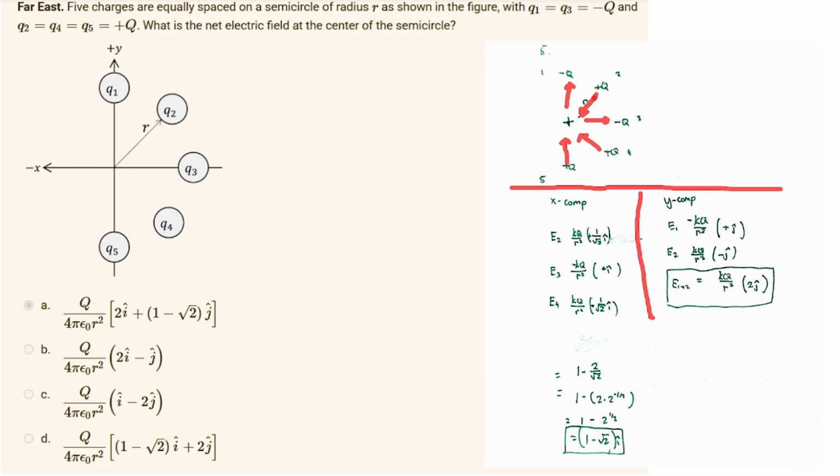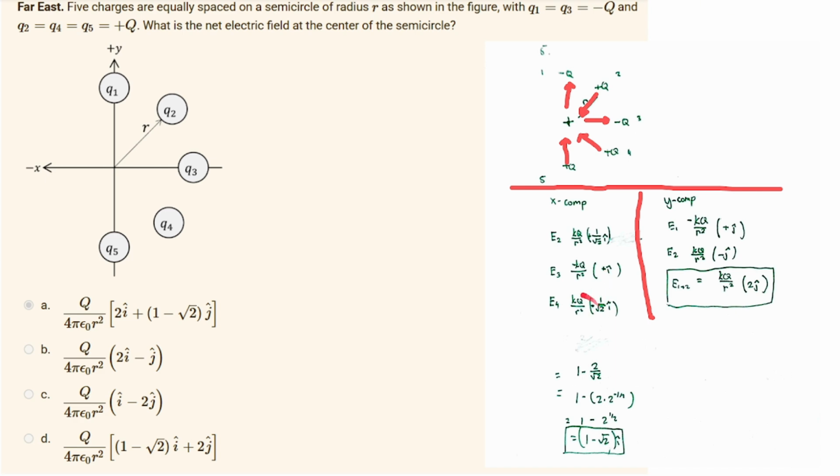This one, negative kq over r squared plus i hat, because it's exactly to the right of it. And this one is the same as particle number 2, kq over r squared, 1 over square root of 2 i hat.